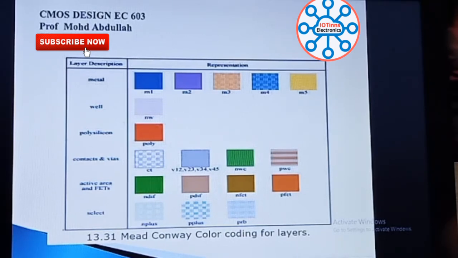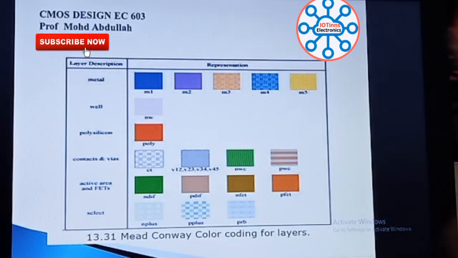Then we have the select, where we have to use the N plus and P plus regions. We are denoting them with these different layers. As the picture denotes, the color coding layers describe the metal, the well, the polysilicon, the contacts and the wires, and the active area of the FET.